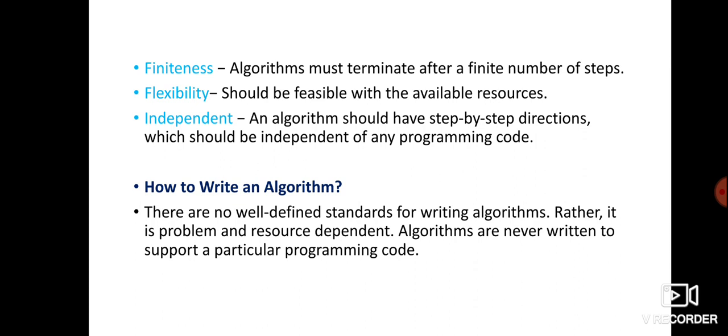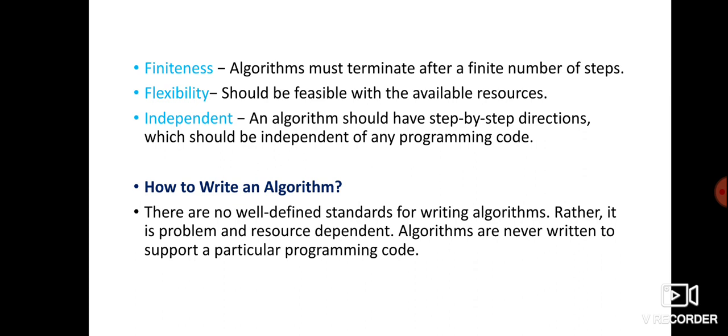Here, finiteness means that the algorithm should contain a limited number of instructions, that is, instructions should be countable. Flexibility. An algorithm should be flexible with the available resources. Independent. An algorithm should have step-by-step directions which should be independent of any programming code.